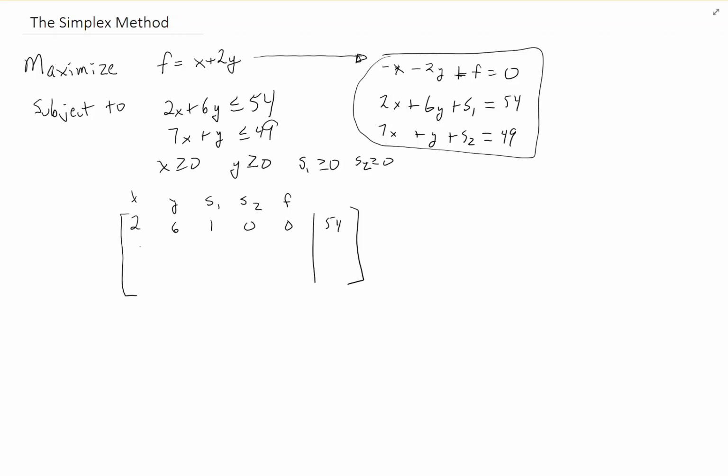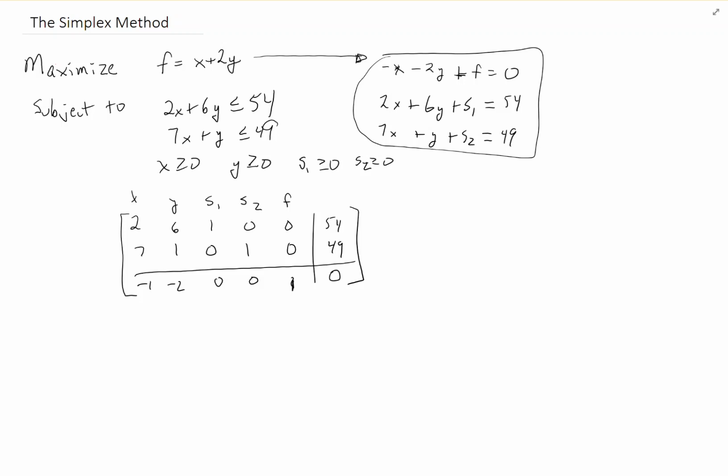And then the second equation is 7x plus 1y plus 0S1 plus 1S2 plus 0f equals 49. And then our objective equation goes across the bottom row: minus 1, minus 2, 0 S1, 0 S2, 1 for f, and an initial starting value of 0 there.